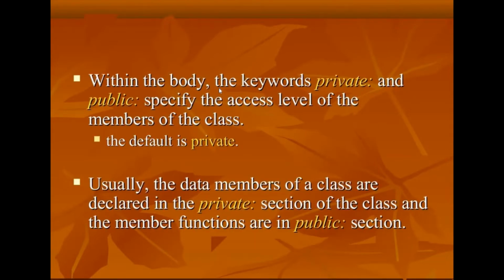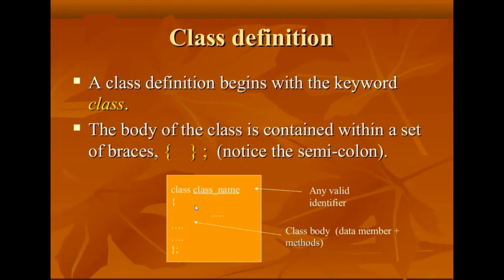Within the body of the class, the keywords private and public specify the access level of members within the class. By default, the member variables or member functions we create are private.